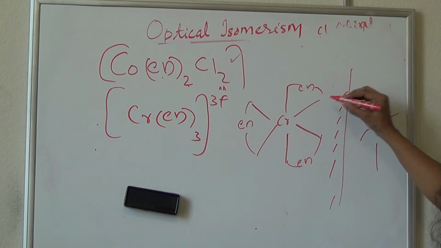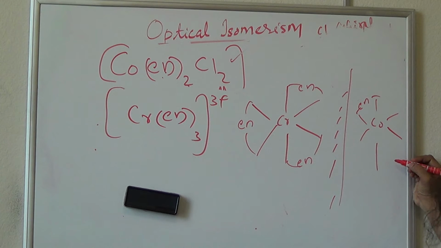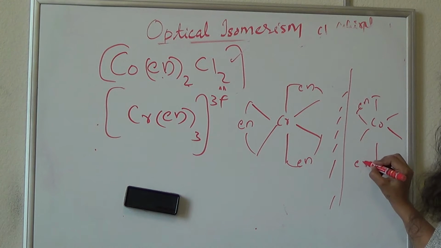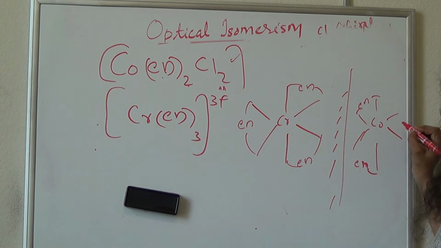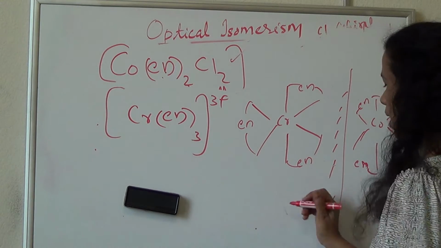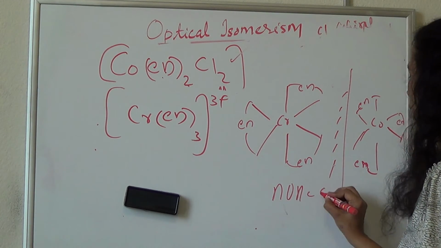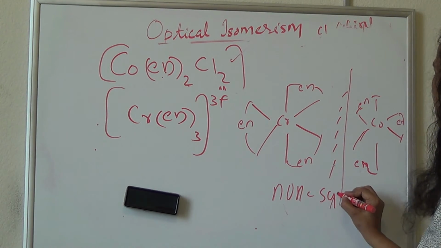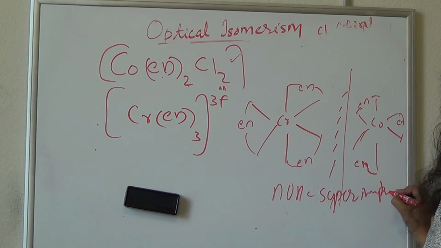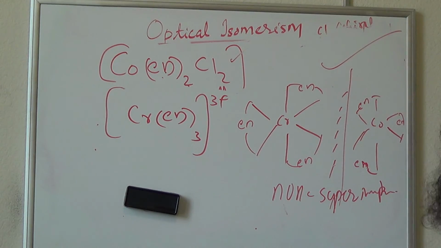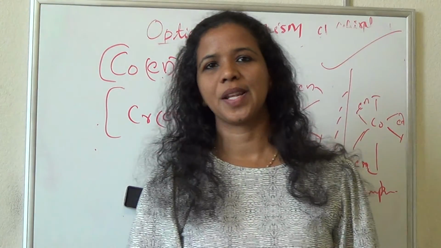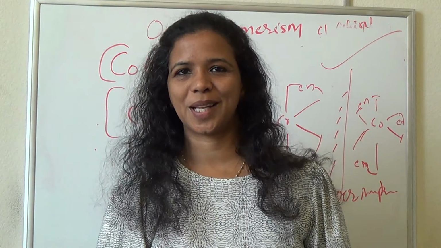This en will come here, this en will come here and here. Take this and keep it above this. And it is also non-superimposable. So it is optically active. So that's all about isomerism exhibited by coordination compounds.